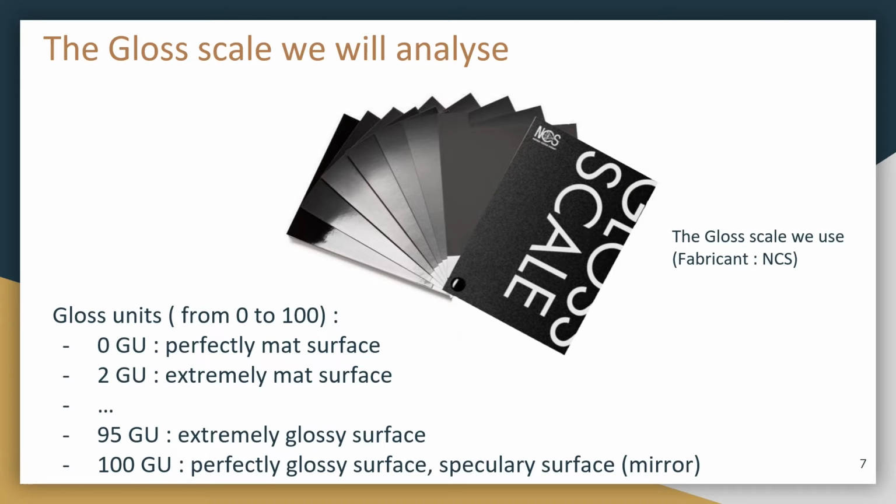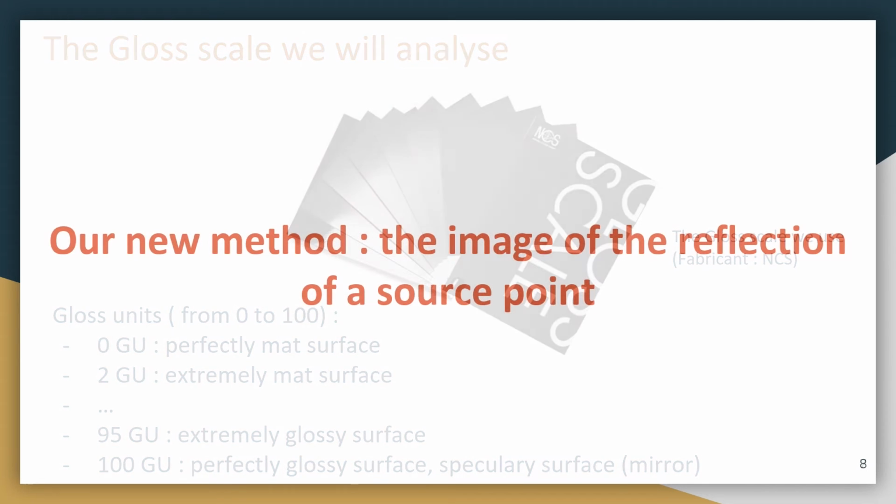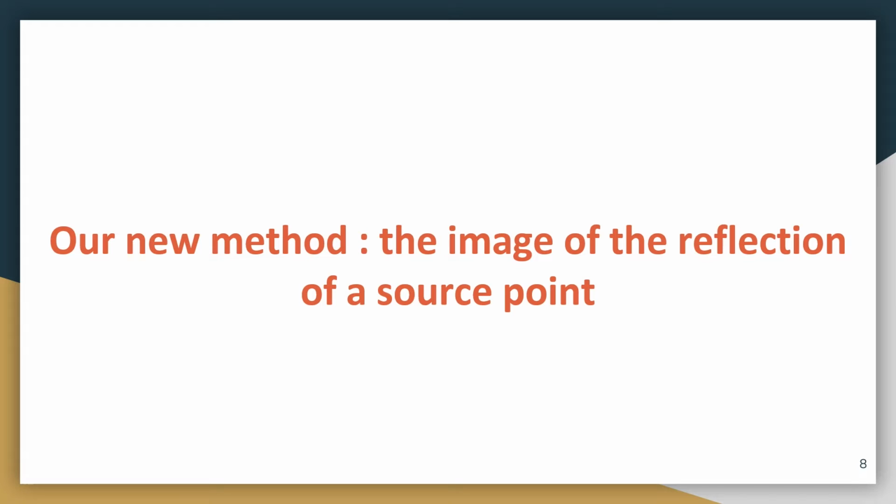For example, we have the gloss units from 0 to 100. 0 gloss unit is a perfectly matte surface, and 100 gloss unit is a perfectly glossy surface, like a specular surface, like a mirror. And so to measure the gloss, we have a new method. It's to use the image of the reflection of a source point.